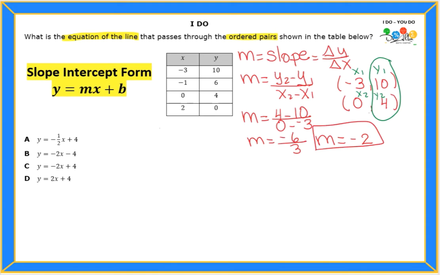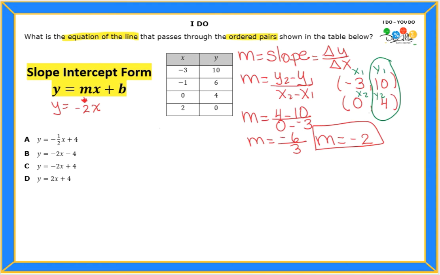So if I come back to my equation, I know that m is going to be replaced with -2, followed by the x. I still need to know the y-intercept. Now, there's a couple of things you need to remember about the y-intercept.